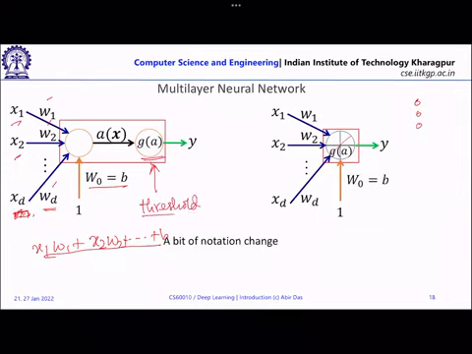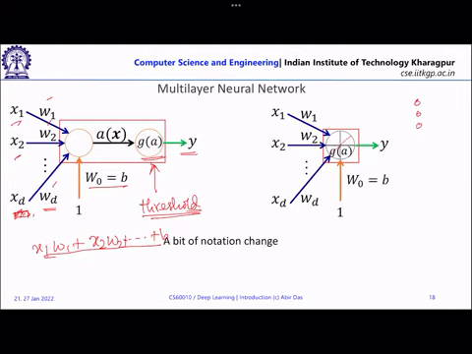But we have seen in the previous slide that there can be many choices of activation function. The basic philosophy is that you combine the inputs linearly and then pass it through some activation function. You get the output that directly gives you the class decision.